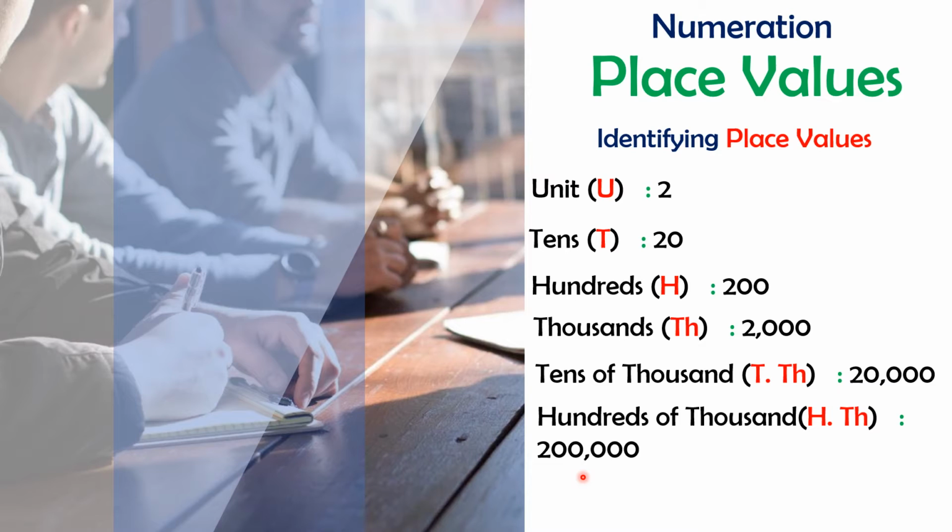That's good. So after hundreds of thousands, the next place value you are going to see here is million. Million simply means a digit with 6 zeros. And in million, you have to observe 2 commas. That shows 2 groups before a million.